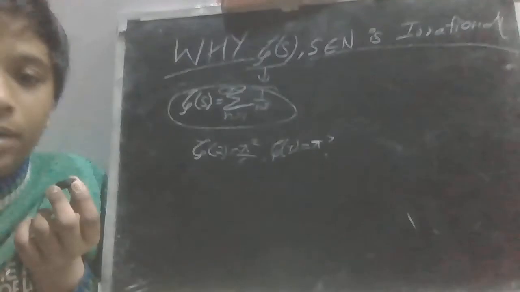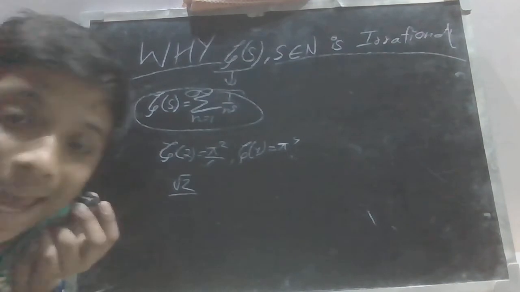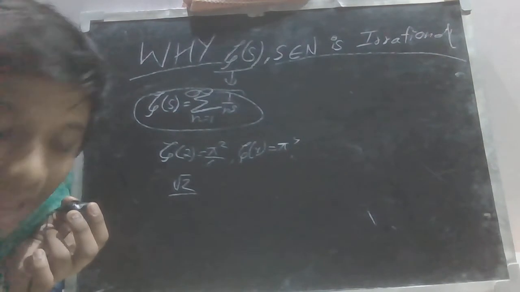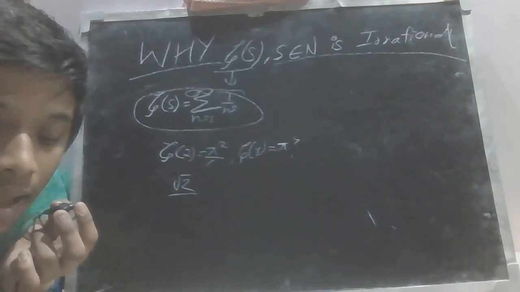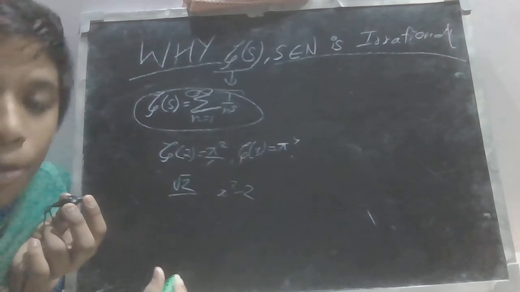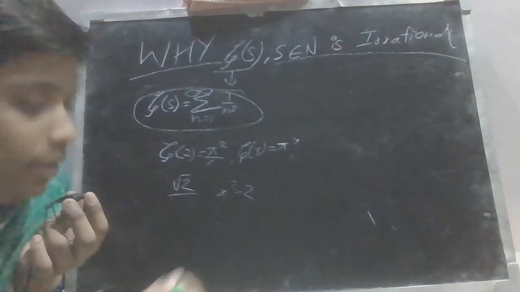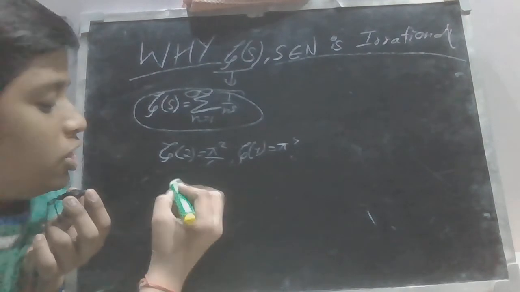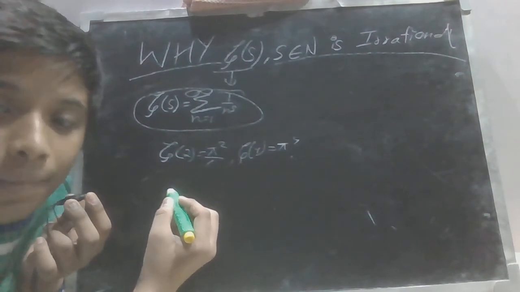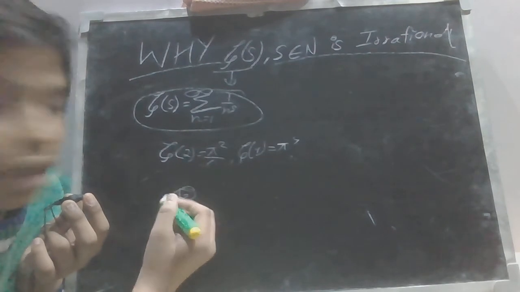For example, take the irrational number root 2. Root 2 can be a zero of an algebraic expression with rational numbers. That means if the equation has rational coefficients, then an irrational root can come out.